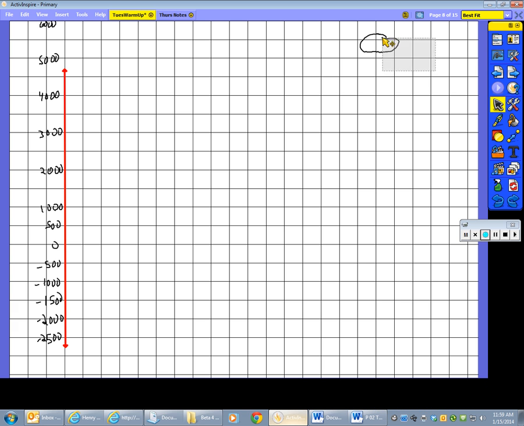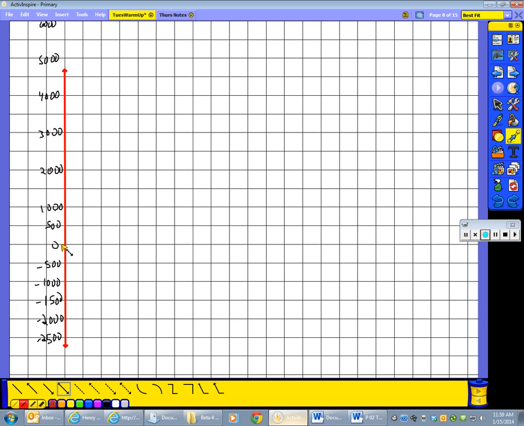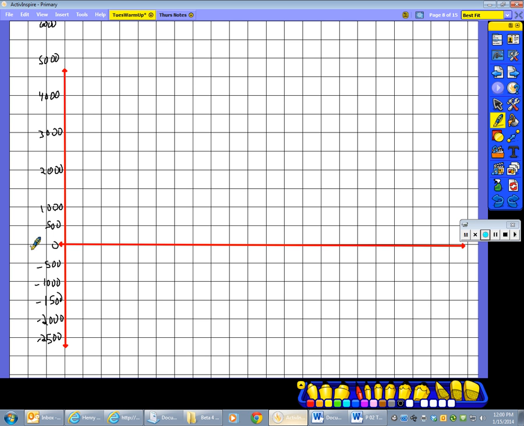Wherever 0 was, that's where I'm going to put my x-axis, so it can meet up at the origin. This y-axis is talking about profit, and this x-axis is talking about our other variable.